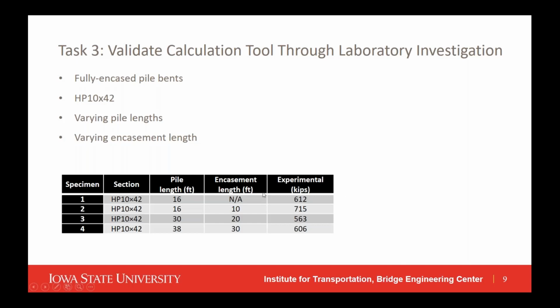So as an example, an HP 10x42, this top line with a pile length of 16, and we have no encasement length, just so we have a baseline set of data that we can compare to these others where we have a bit or the same pile length with a 10-foot encasement, or a longer pile length with an even longer encasement. So you can see there's a number of different configurations, but to answer your question, we're ranging anywhere from no encasement to 30 foot of encasement.